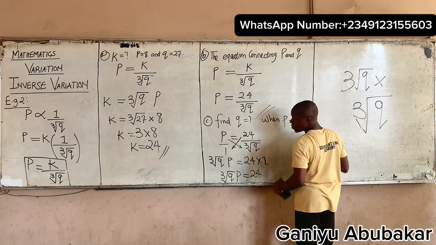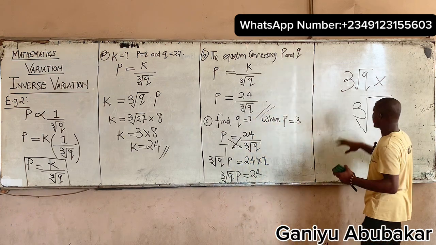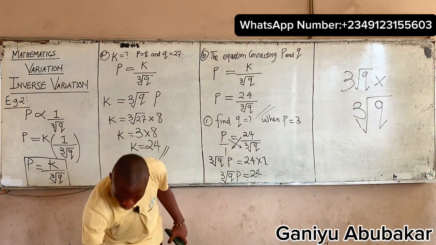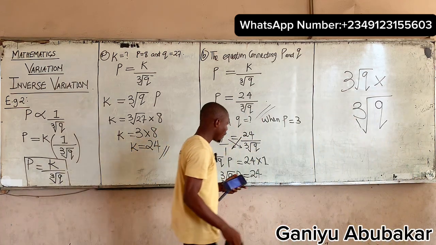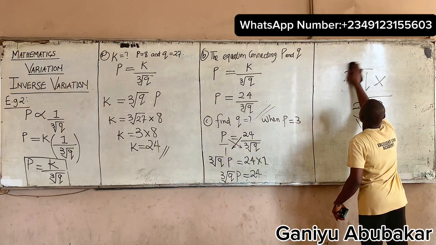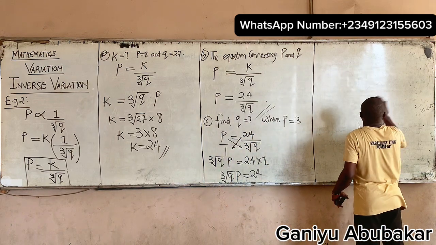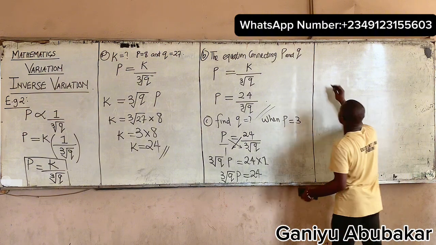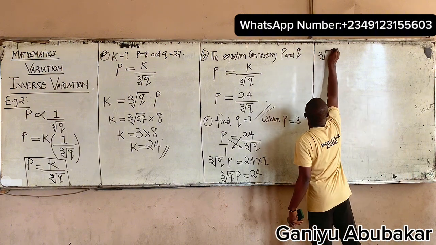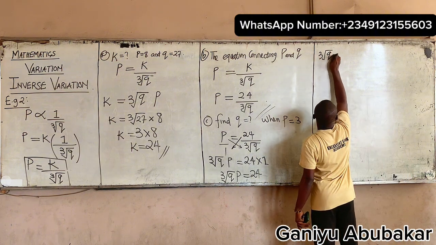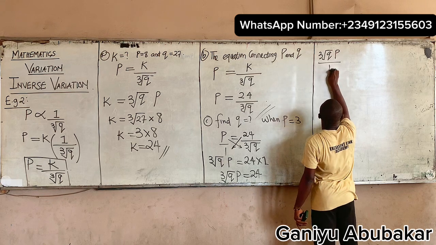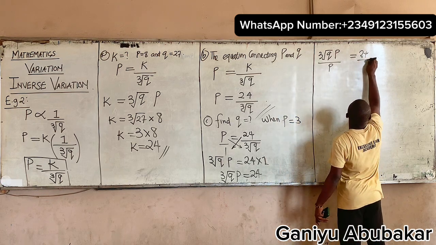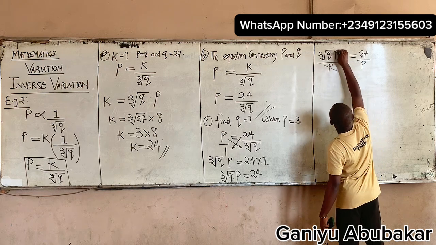So I'll have the third root of Q times P all over P equal to 24 all over P. This cancels this.